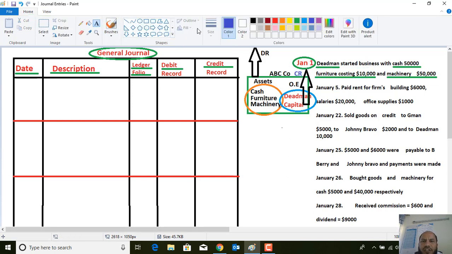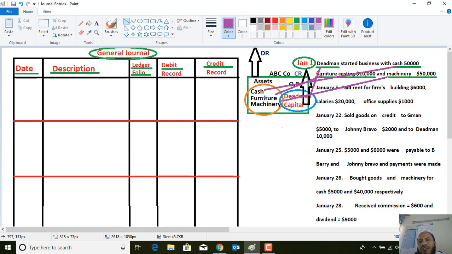Dear students, if I go into a bit more detail, see what happened. Deedman started the business, so we brought the Deedman account here. He started the business with cash, so we put the cash here. Along with cash, he invested furniture, and he also started the business with machinery.